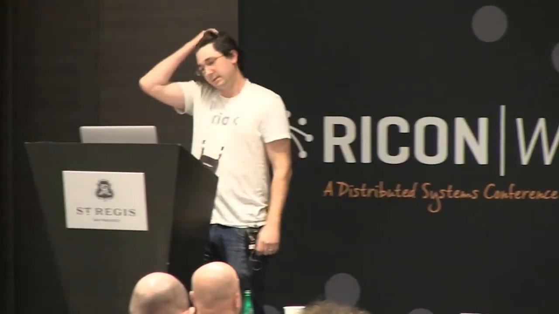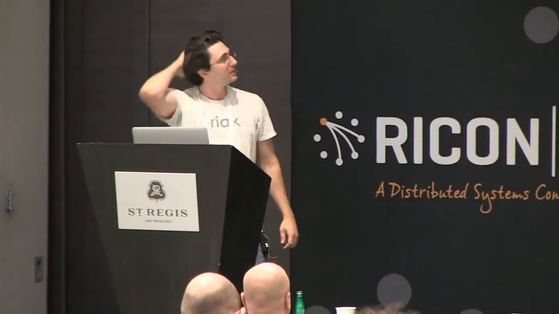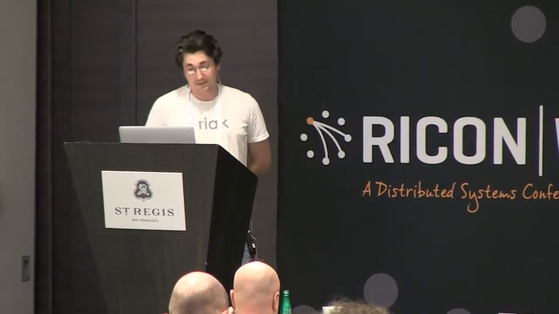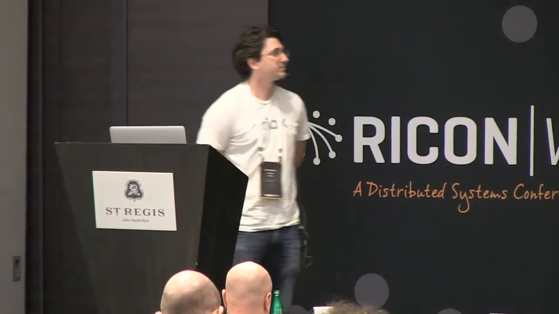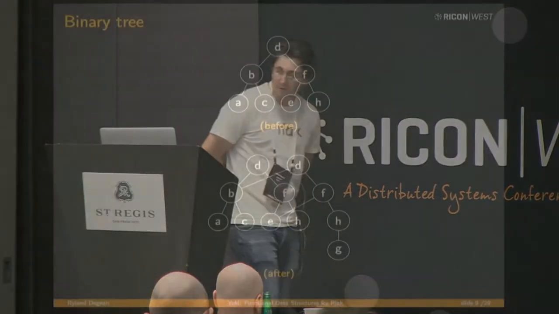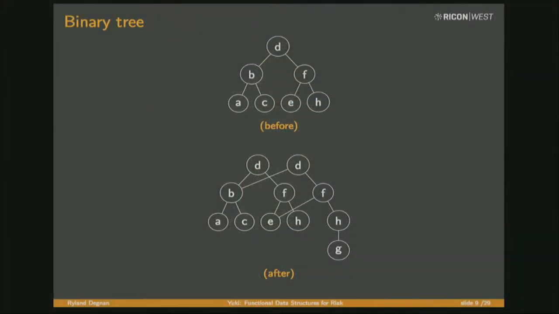But as I said, a linked list is not the most efficient data structure, for the reason that if you want to access the 10,000th element, you have to do 10,000 reads. So something a little more efficient is a binary tree. If I want to add an element into a binary tree, I only have to do a number of reads logarithmic in proportion to the size of the tree.